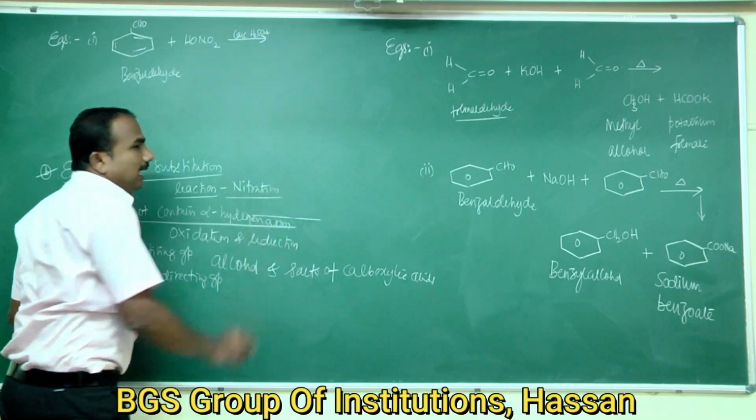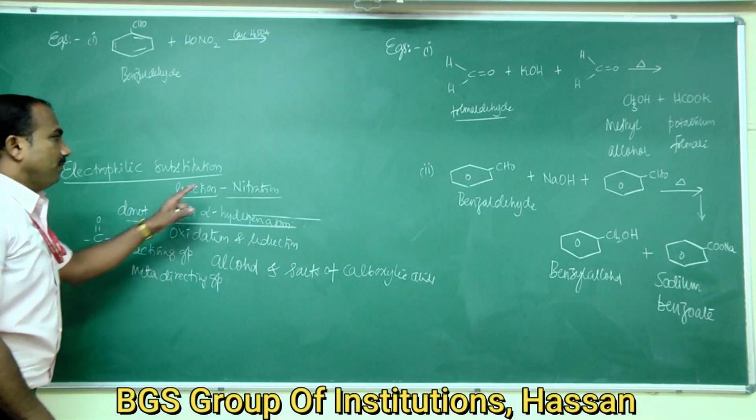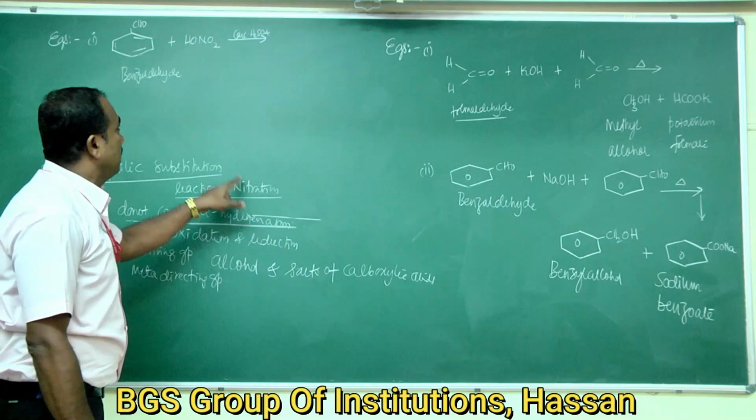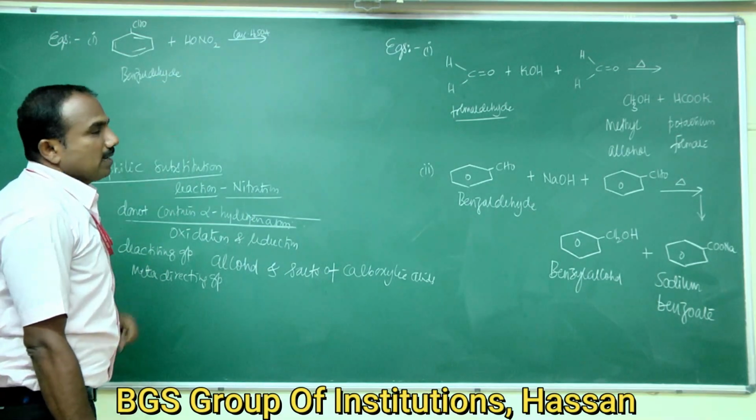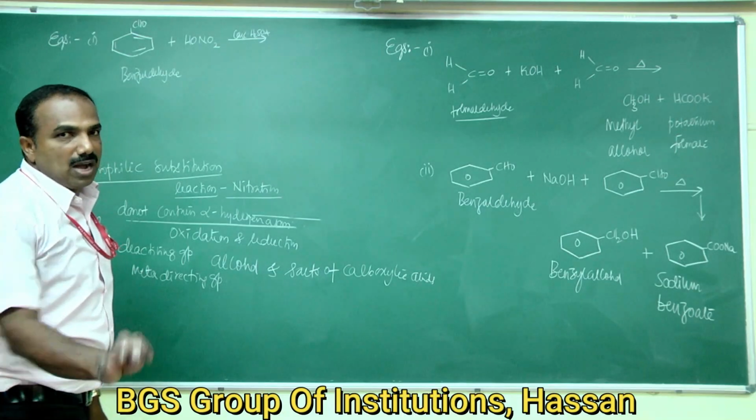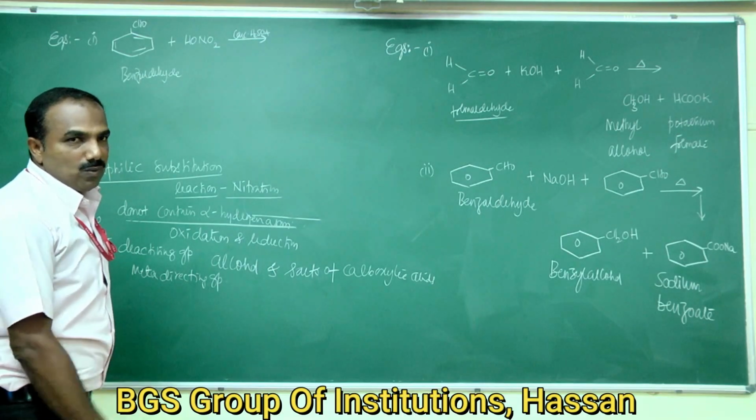If you carry out a nitration reaction, you have to use nitrating mixture. Nitrating mixture is nothing but concentrated nitric acid as well as concentrated sulfuric acid in equal volumes.